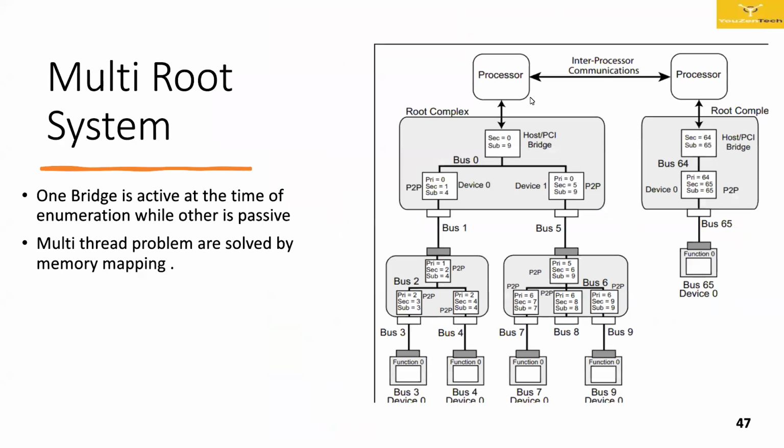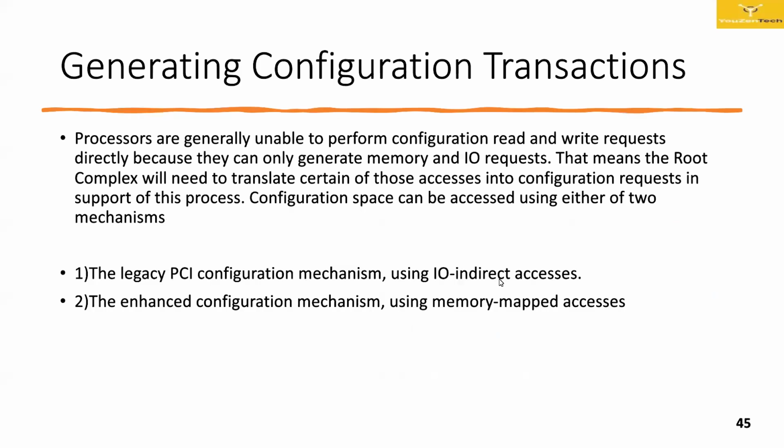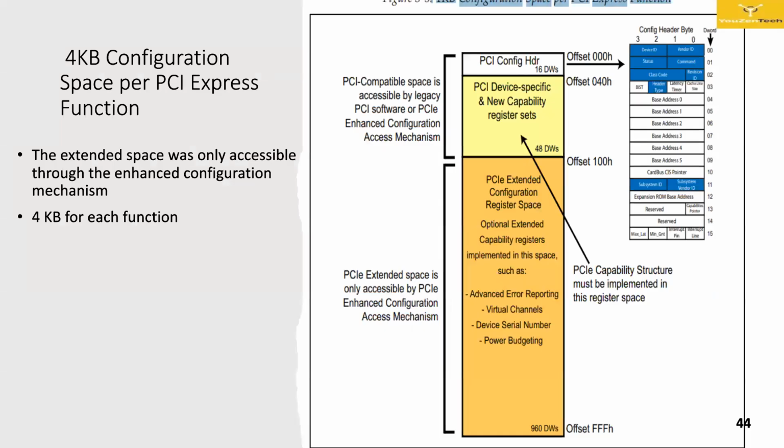In a multi root system, we have more than one root complex, and we have inter-processor communication going on. So there are just 2 root complexes here. In modern systems like servers, we are using this type of configuration. Before that, one thing I want to highlight.